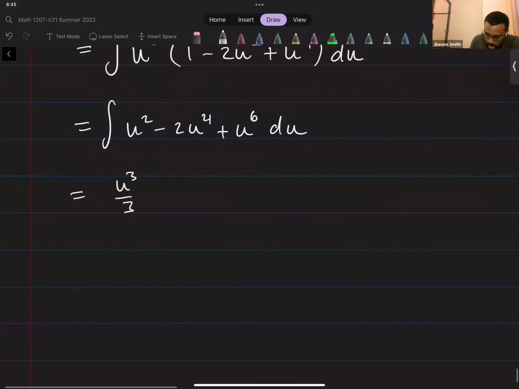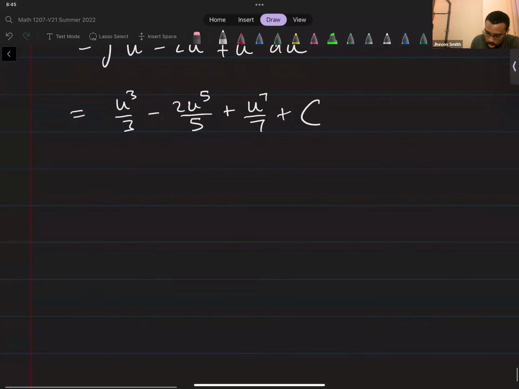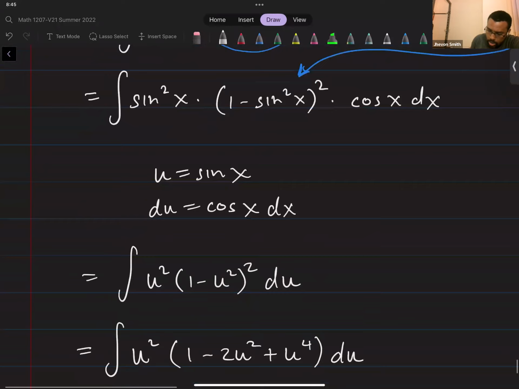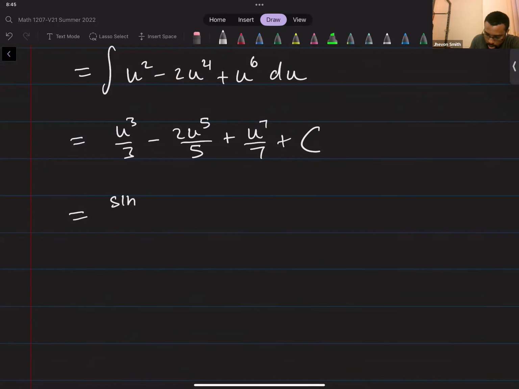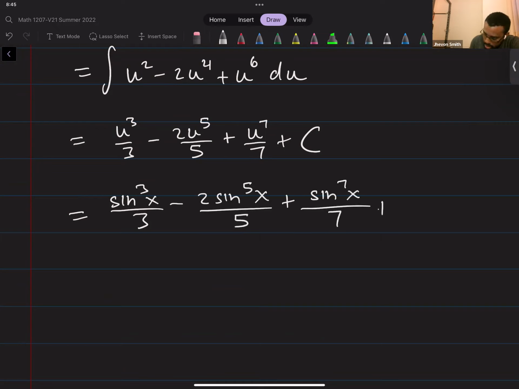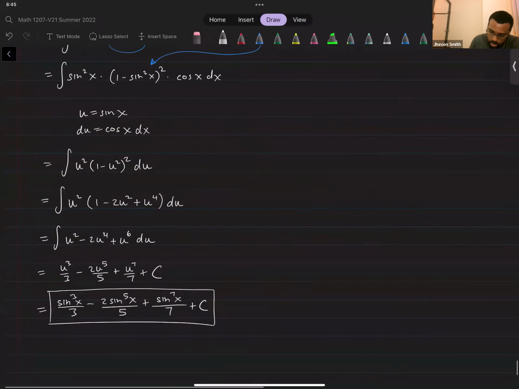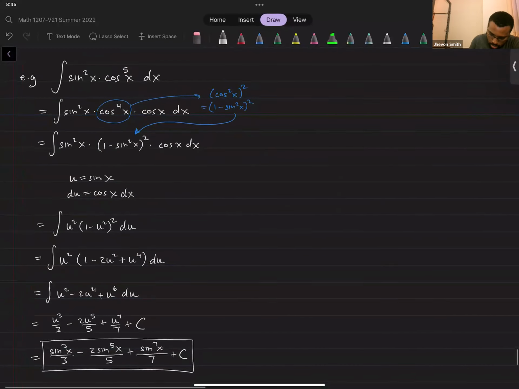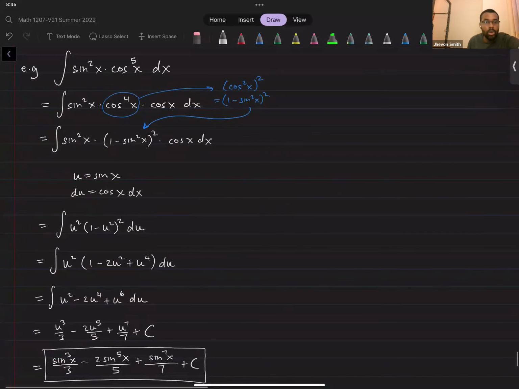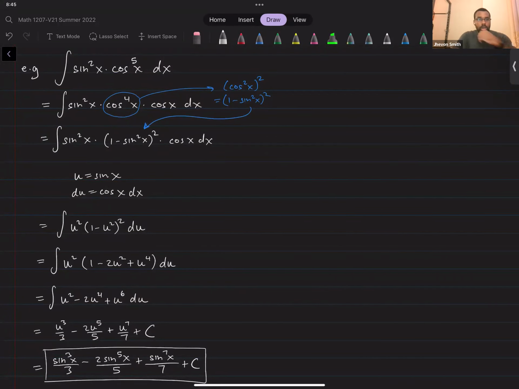That's u cubed over 3, minus 2u to the 5th over 5, plus u to the 7th over 7, using the power rule. u in this case was sine of x, so this is going to be sine cubed x, minus 2 sine to the 5th x over 5, plus sine to the 7th x over 7. And so that would be that one.